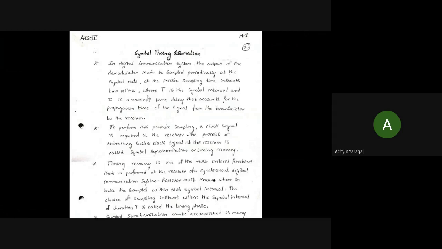Symbol synchronization can be achieved in many ways. There are two ways we can achieve it. One is that we assume a master clock. That master clock should be synchronized with both the transmitter and the receiver, as it provides timing signals to both.